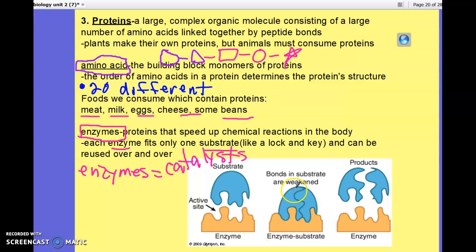It's going to bond, and as soon as it bonds there, it breaks this molecule, and as soon as it breaks or cleaves or cuts this molecule, then it's released. And then this enzyme, guess what? It's just going to go find another one of these, break it down, release it. This enzyme can be used over and over and over again until it wears out.